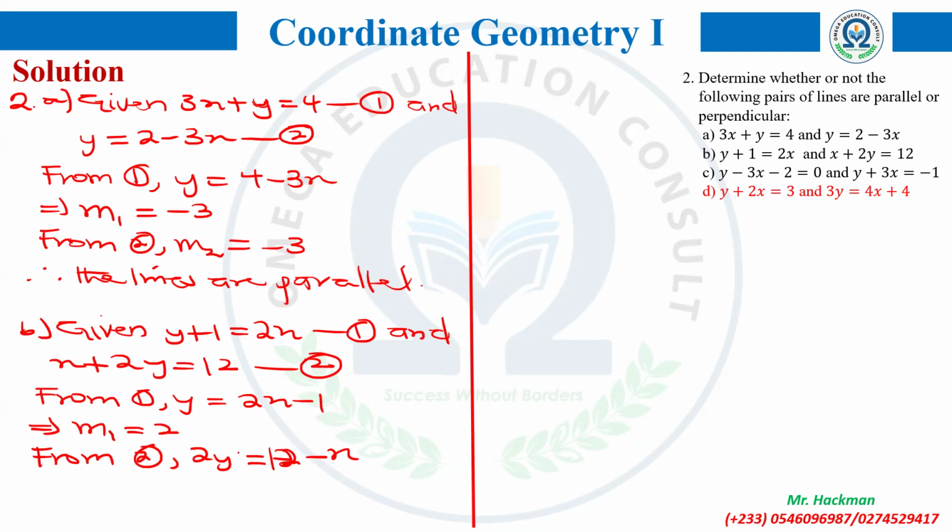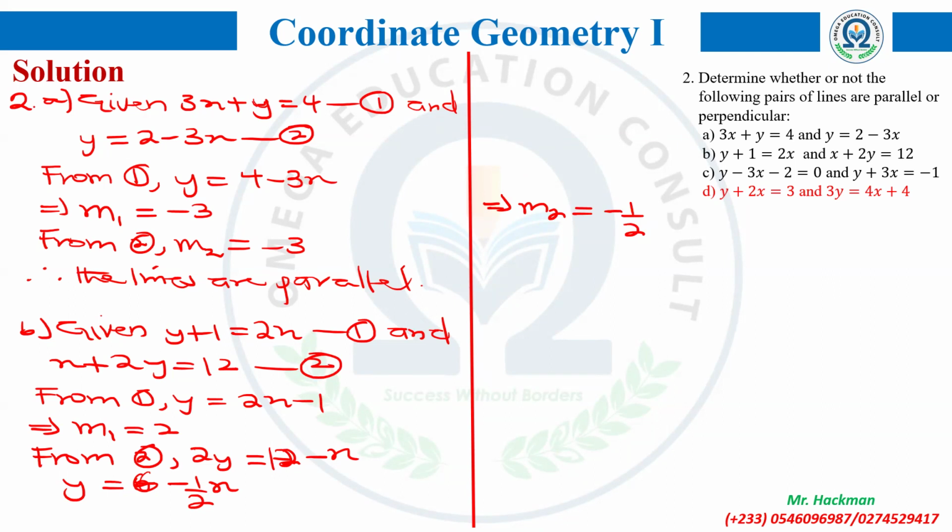The terms must be explicit. So this 2y over 2 will give me y, is equal to, 12 over 2 will give me 6, then minus x over 2, or 1 over 2x. I want my gradient to be explicit, so I'll write, this implies that m sub 2 is equal to minus 1 over 2. All correct?